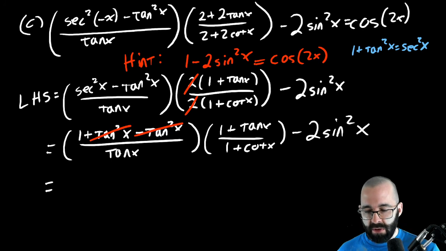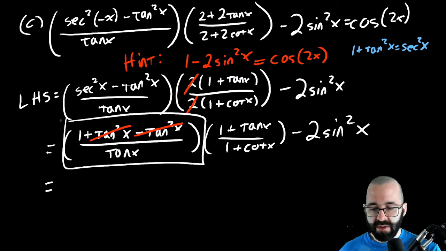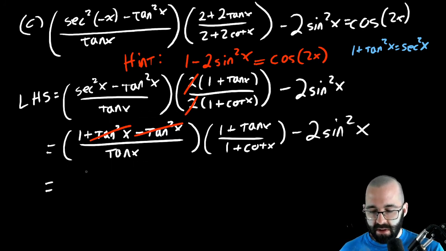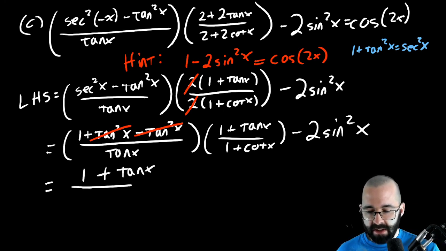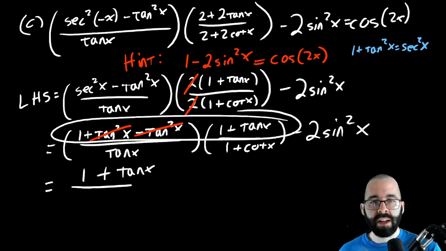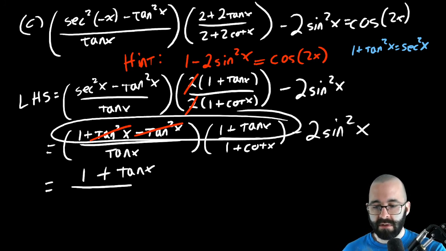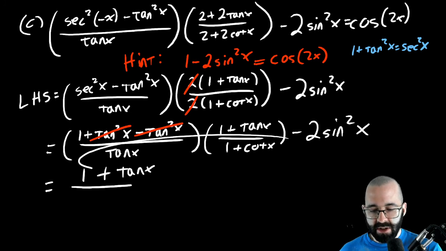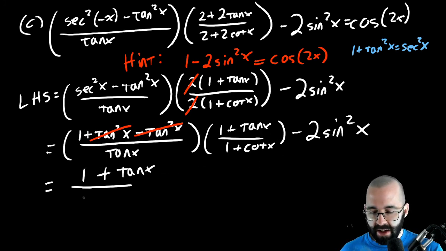So this right here is 1 over tangent. When we combine these fractions, the top doesn't change, right? We're multiplying these fractions together. It's just 1 times the other fraction. The bottom is tangent times the other thing. Let's write that out.